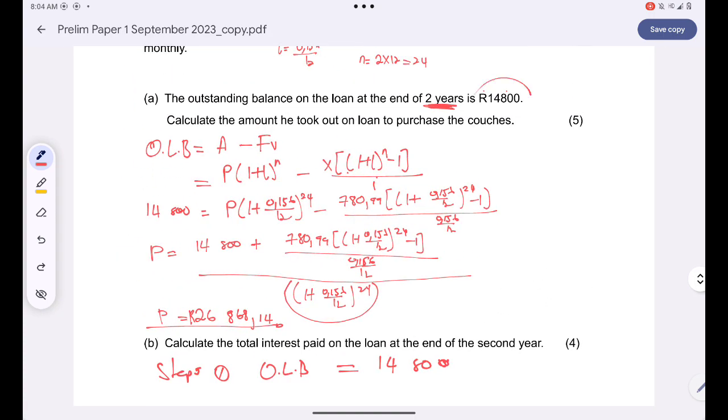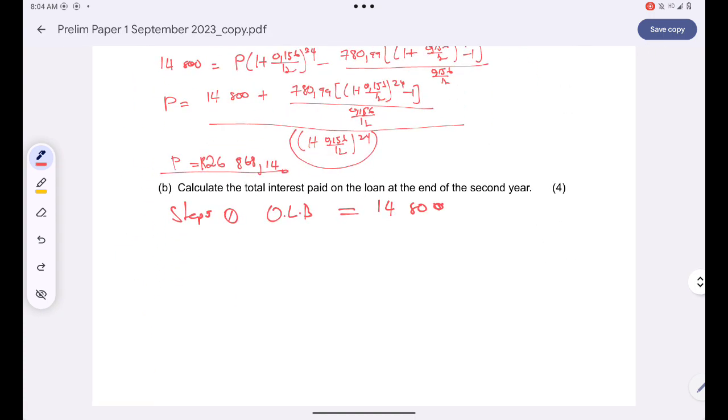Remember that we are told that this amount was outstanding. And then step number 2, find the paid amount of the loan. The paid amount of the loan is always the value of the loan itself minus your outstanding loan balance.